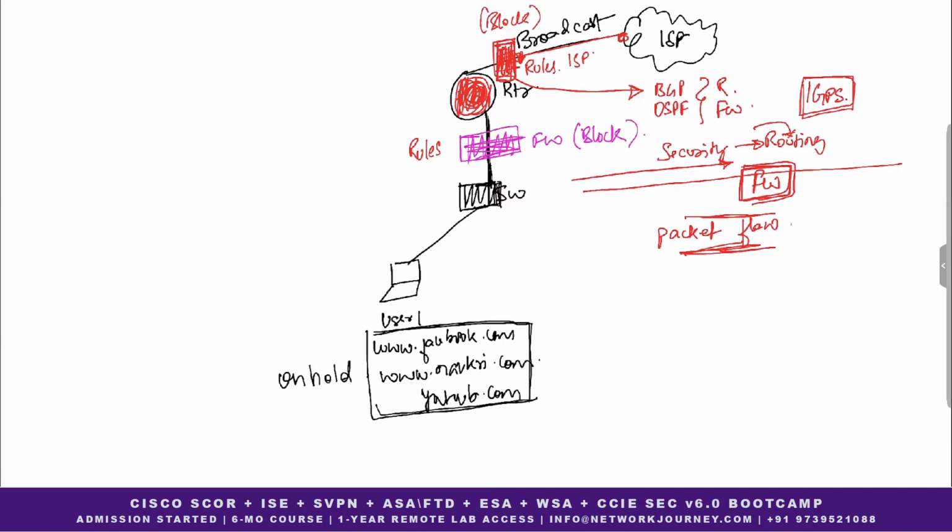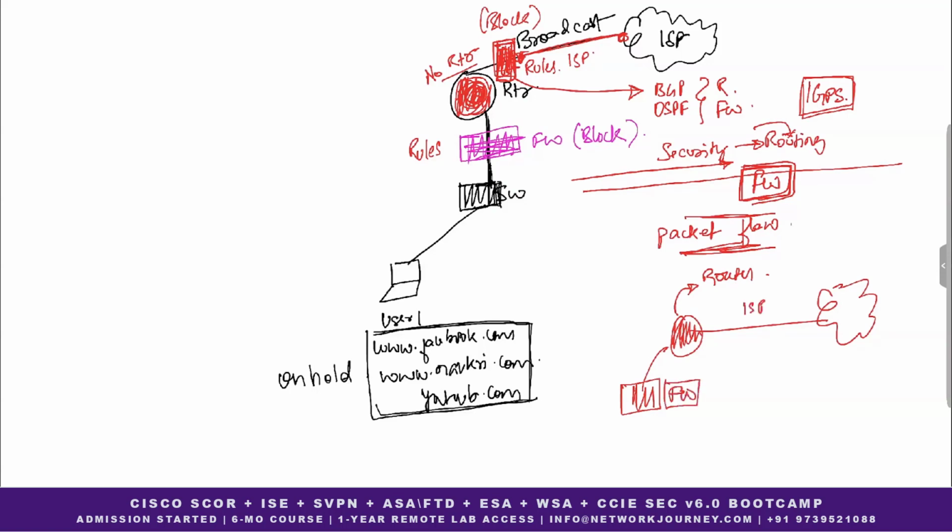But now why I'm asking this question: if we keep a firewall directly connected to the ISP, then actually we don't need a router. Okay. Why we keep the router in the beginning and the firewall in the backend is, especially when you want the router to act as a router, then only we keep the router in the beginning facing this, and you want to keep only the firewall concepts in the firewall, and you don't want to enable any routing here.